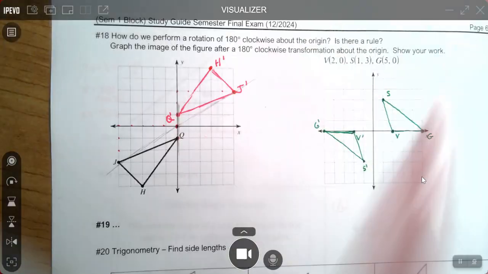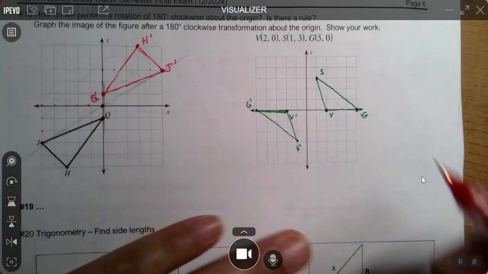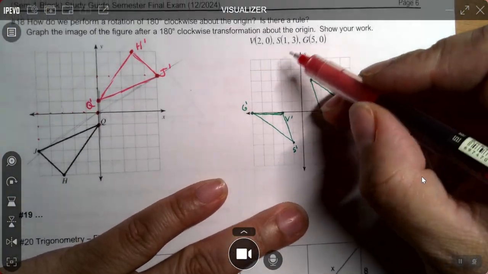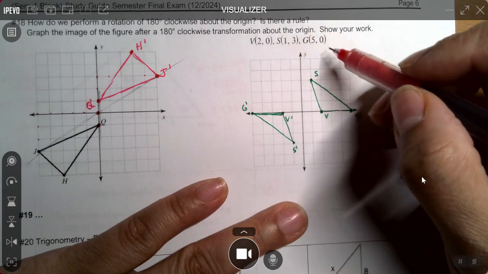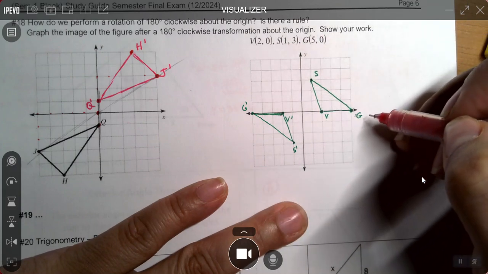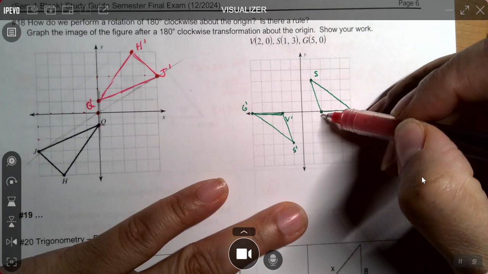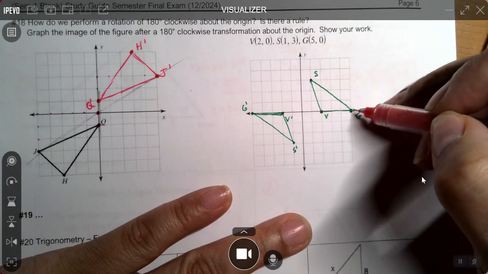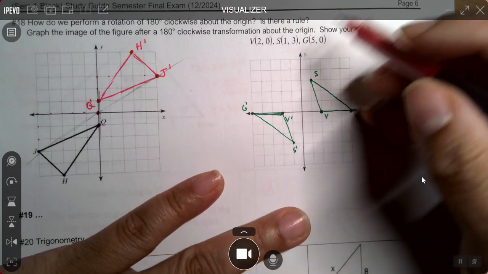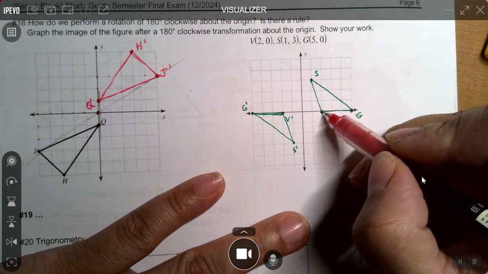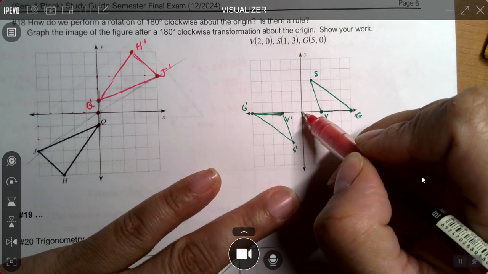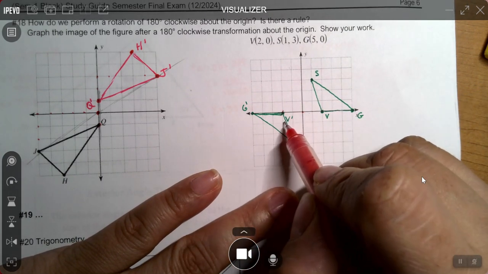180 degrees. All right, so with this one, the first thing I did is I plotted the points S, V, G: 2, 0, 1, 3, 5, 0. And I did the same thing. Go to the origin, 1, 2. Keep going, 1, 2. So that's V prime.